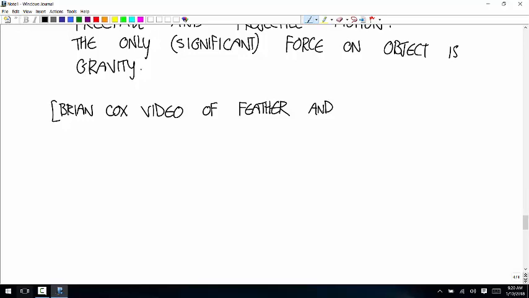It's funny. It's not exactly that feathers necessarily have that much more air resistance. The real issue, because imagine dropping a bowling ball and a beach ball that's the same size. They would have basically the same air resistance, but the bowling ball would hit the ground way sooner. What really matters isn't just the air resistance, it's the ratio of the force of air resistance to the force of gravity.